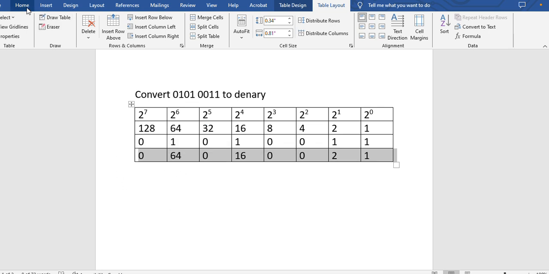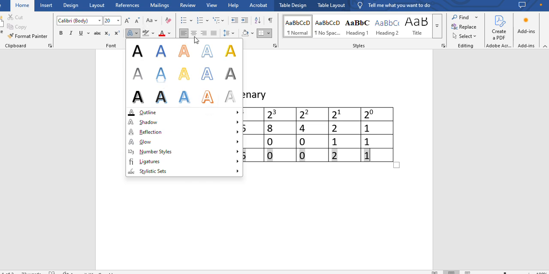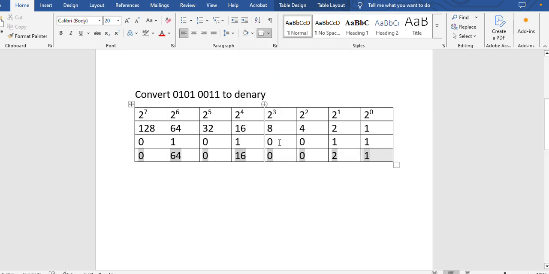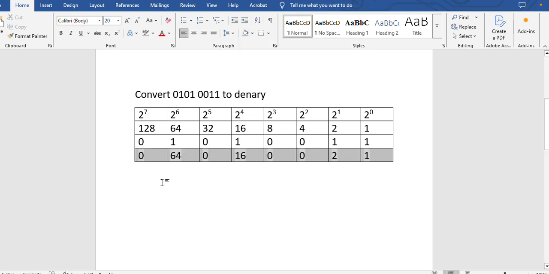So what you do now is take the ones at the bottom and add them.